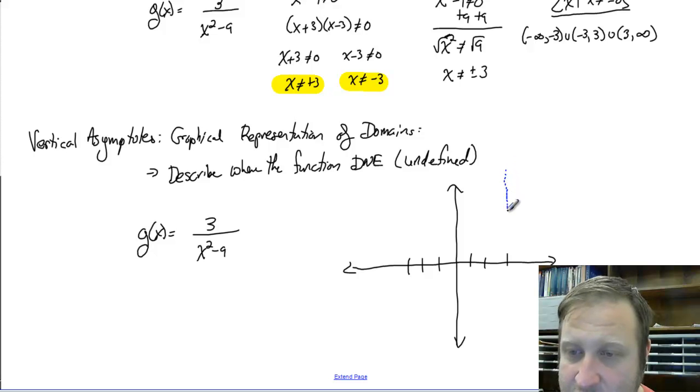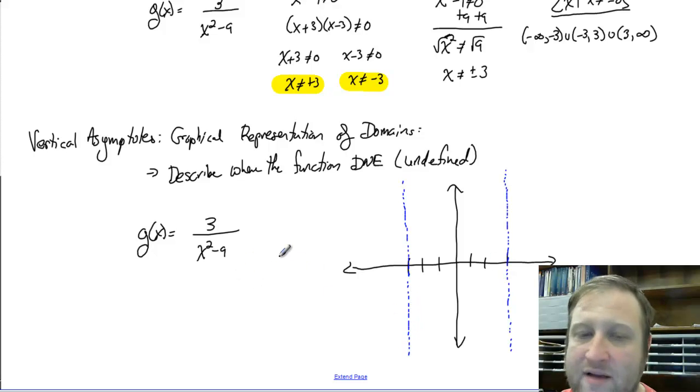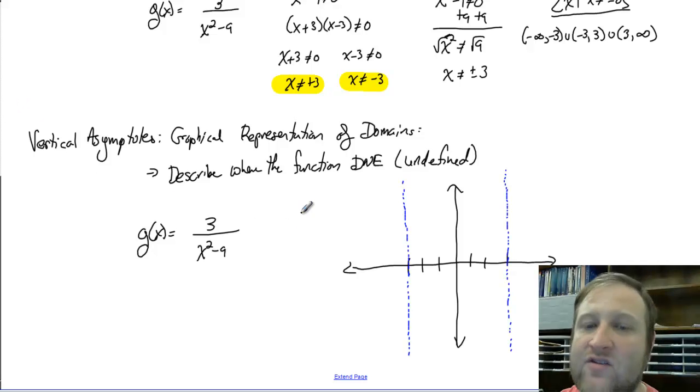So graphically, we would often see on a graphing calculator dotted lines that go down representing the vertical asymptotes, because we know that x cannot equal positive 3 and negative 3. These are excluded in our domains.